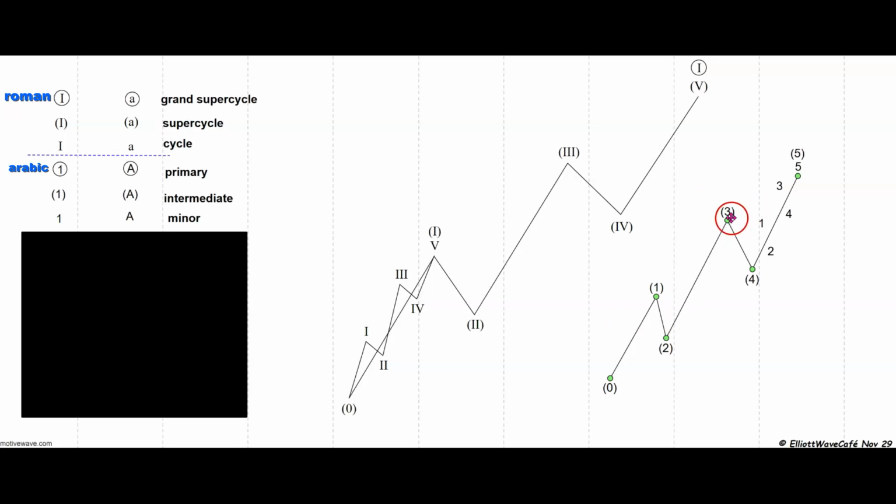So the moment you see a label that's a third with a parenthesis in there, you're probably going to know pretty well that very likely it's an intermediate degree. Because if it's a numeral, it's intermediate. If it goes up into Romans, then you have a supercycle.